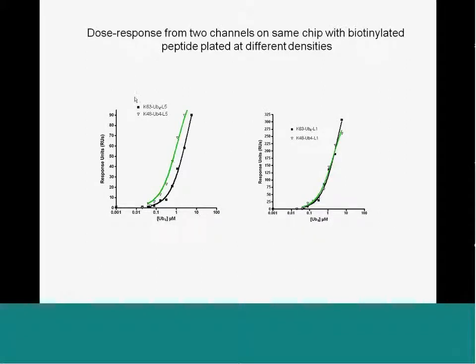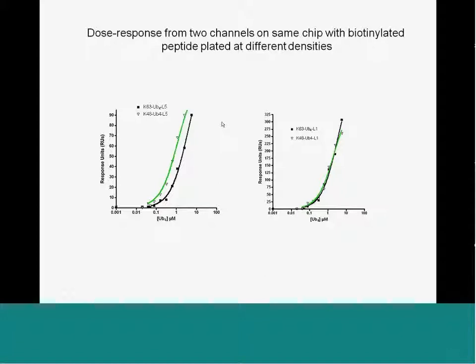Just a dose response of K63 and K48 from 2 channels that were on the same chip, but with biotinylated peptides plated at different densities. And the pattern is very, very similar in that we still get a rapid increase in binding. Again, we're probably getting very close to maximal binding saturation.